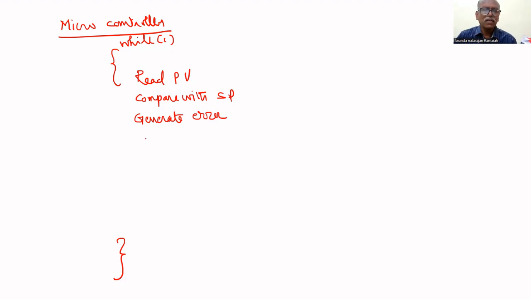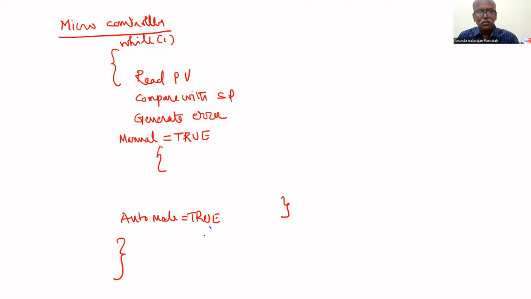But there are two modes. One is called manual mode. Manual mode equal to true means this part will be executed. Auto mode equal to true means the second part will be executed. That's all.